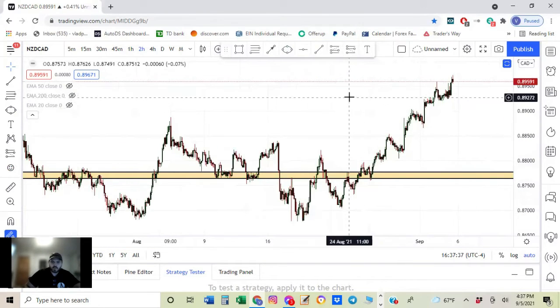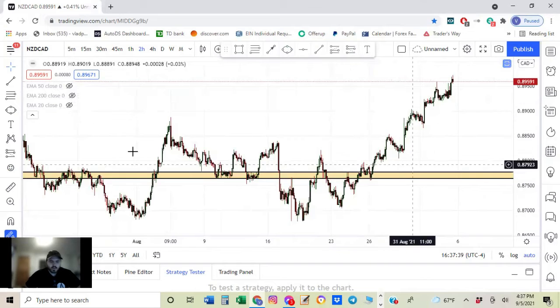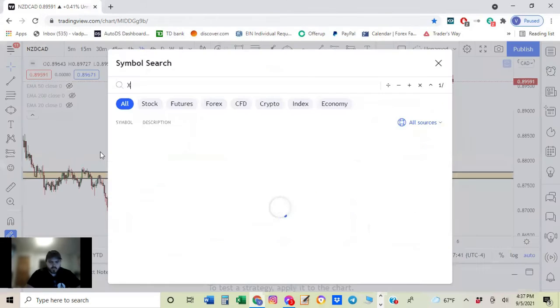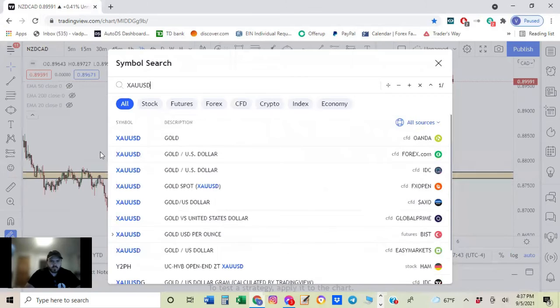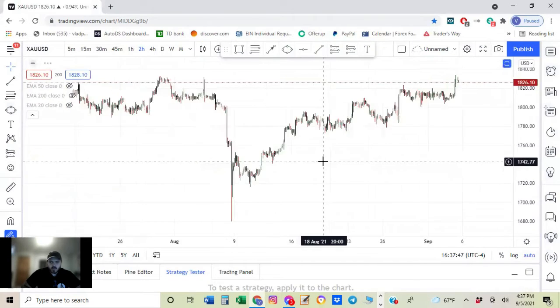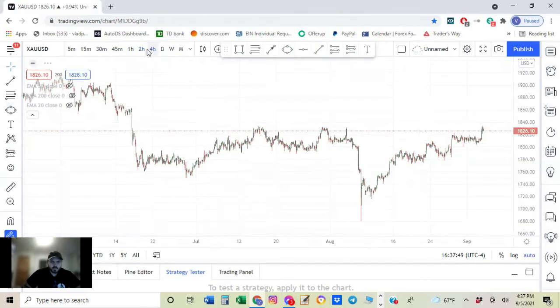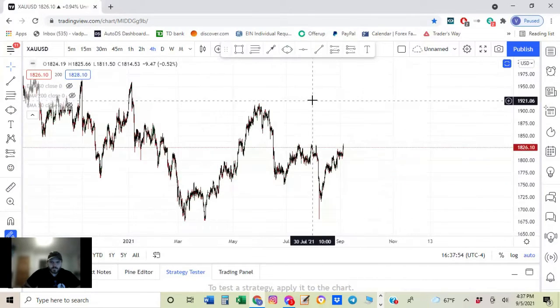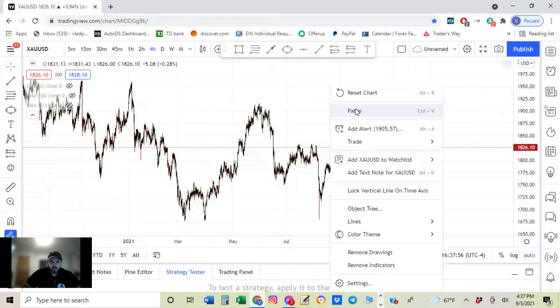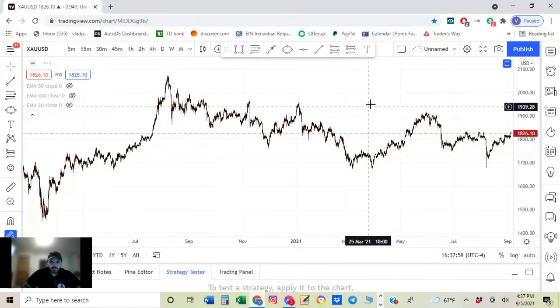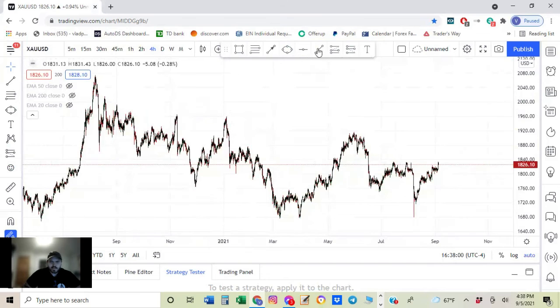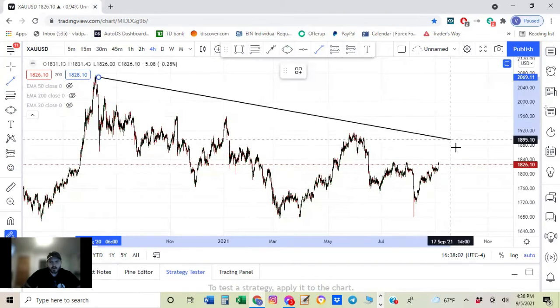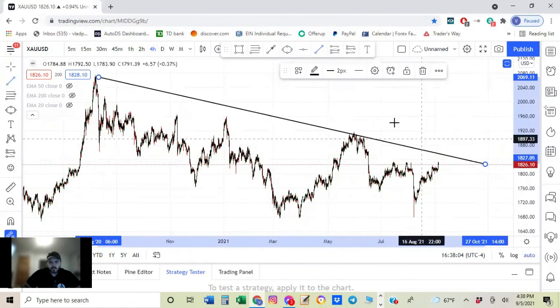All right, so we're going here. Let's just do one more. Let's just do gold. All right. So gold, what we've been seeing for quite some time is, see, this is not as steep of a downtrend, it's kind of steady.